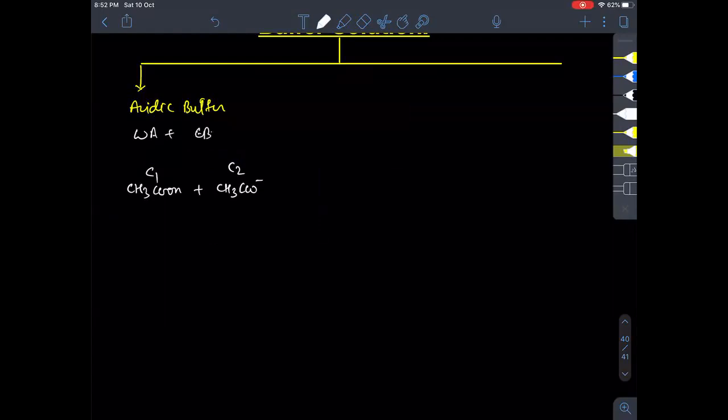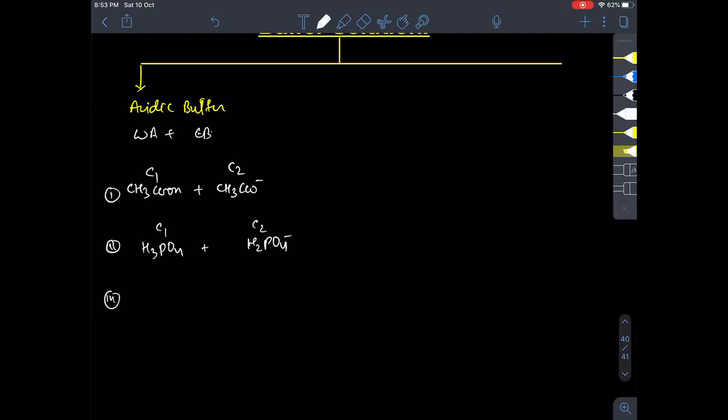So this is one example. Others you can generate by yourself, like I can take H3PO4 and a combination of NaH2PO4. Again, it is a salt. I'm not interested in sodium. I'm only interested in this. So again, C1 and C2.